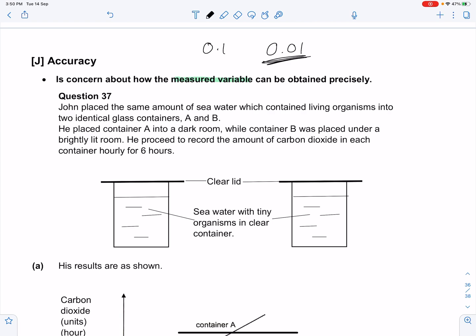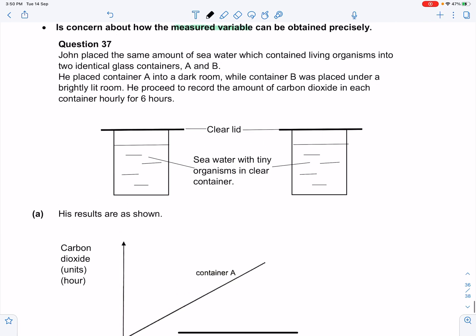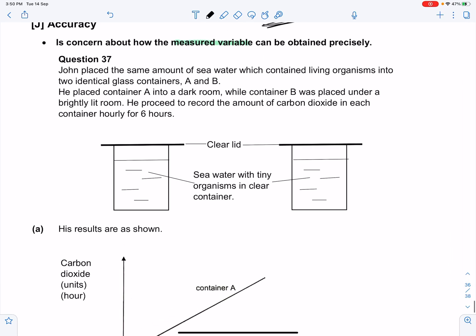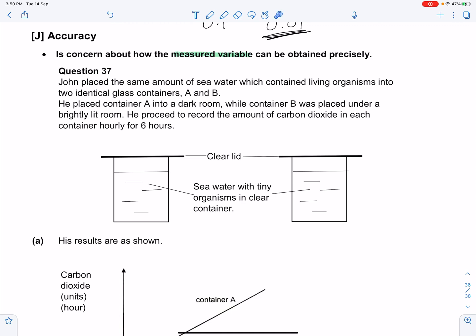Let's take a look. This was a question very similar to what we've attempted. John placed the same amount of seawater which contained living organisms into two identical glass containers A and B. He then placed A into a dark room while B was placed under a brightly lit room.